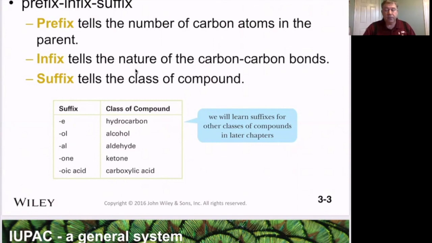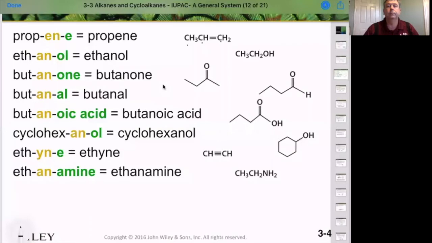In this first compound here, we have a total of 1, 2, 3 carbons, which means we have "prop" as our prefix. So that's the number of carbons we have.